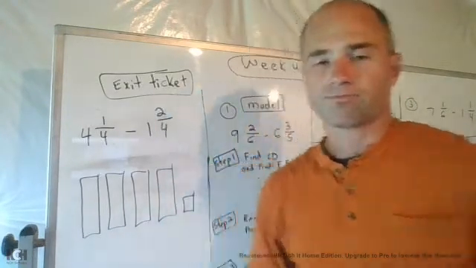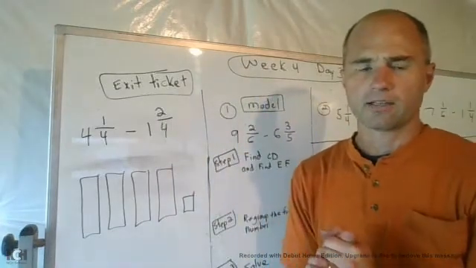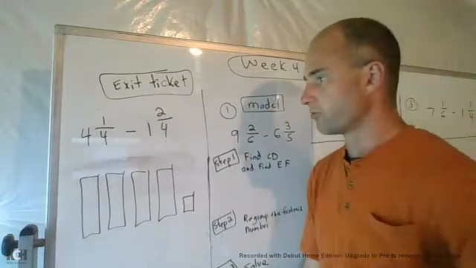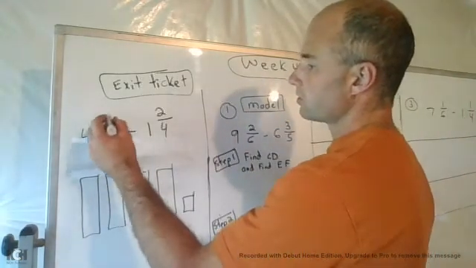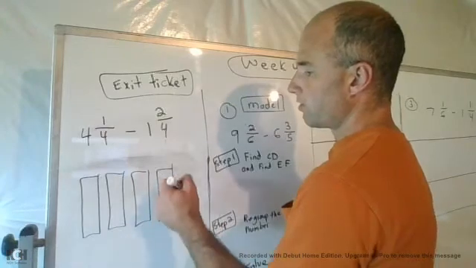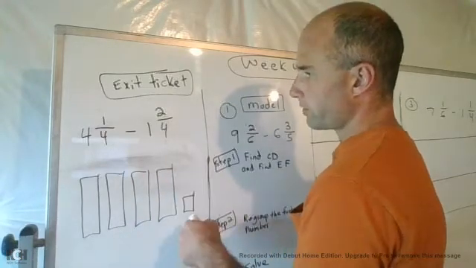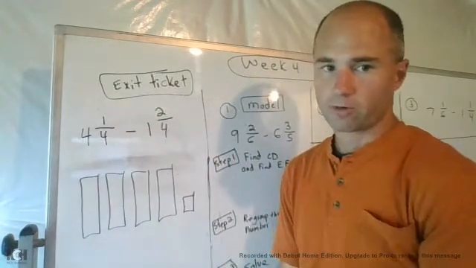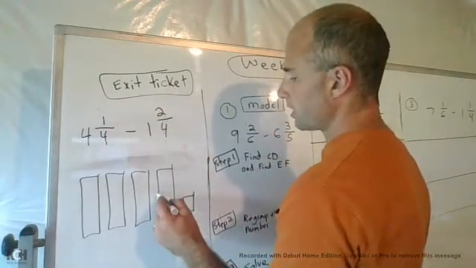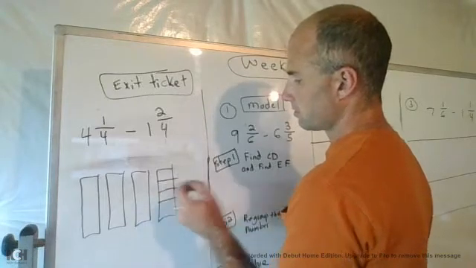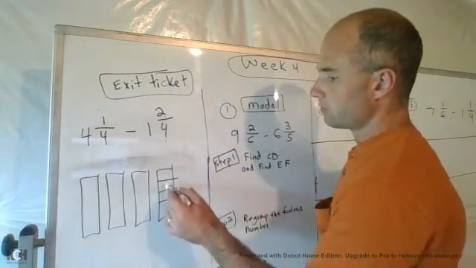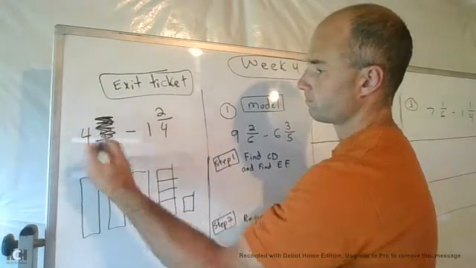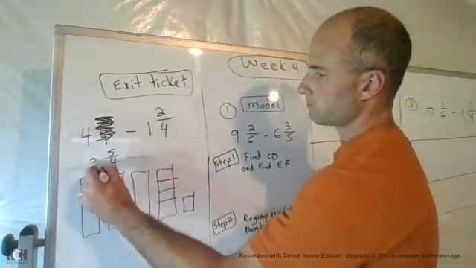All right, so let's go ahead and go over yesterday's exit ticket. 4 1/4 minus 1 2/4. To do that, I need to break up one of my wholes into fourths because I can't take away this numerator from the first numerator. Can't take away 2 from 1. I'm going to break up this whole into fourths. Now I have 5 fourths, and I have 3 wholes.